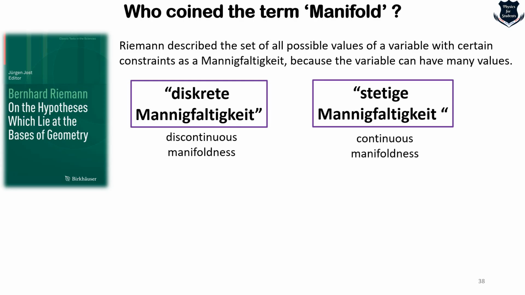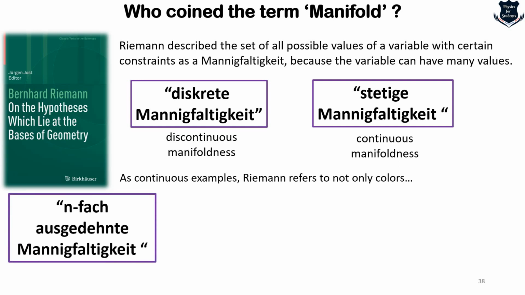As continuous examples, Riemann refers not only to colors and the locations of objects in space, but also the possible shapes of spatial figures. Using induction, Riemann constructs the n times extended manifoldness, or n-dimensional manifoldness.